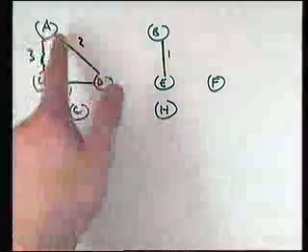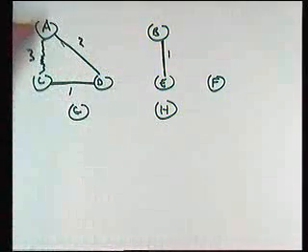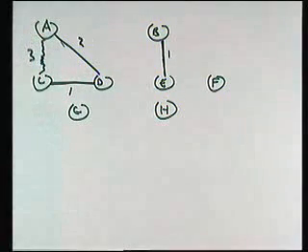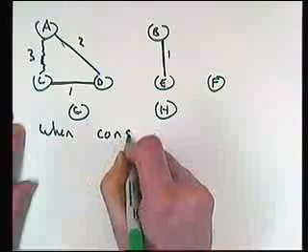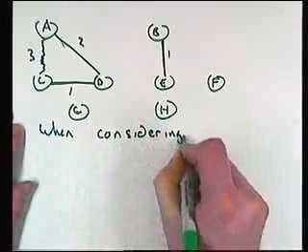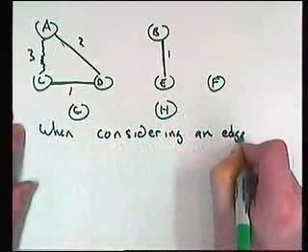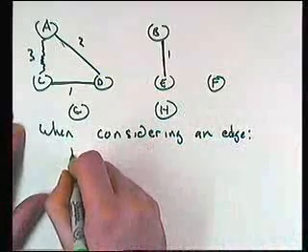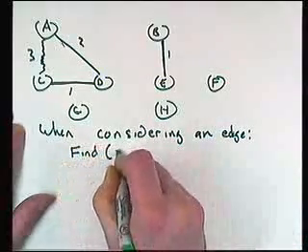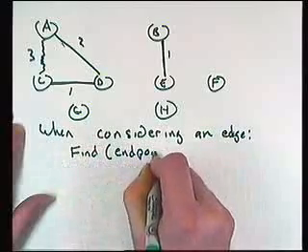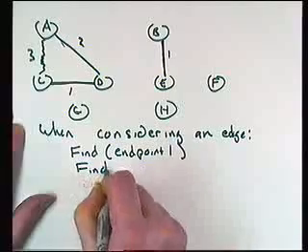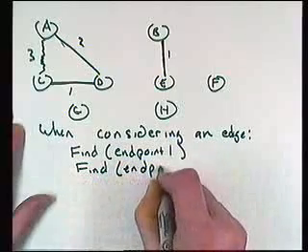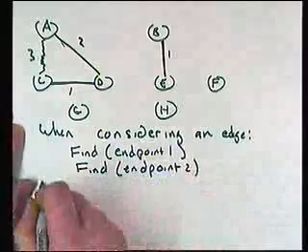And so now that those are all in one set, doing a find on both of those would give me the same set, and so I shouldn't add that. So our procedure here will be, when considering an edge, do we find on endpoint 1, do we find on endpoint 2.